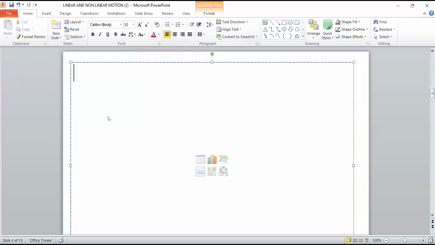Now, they told us that we are going to be having a velocity time graph. So we'll draw the velocity axis. We'll also draw the time axis.